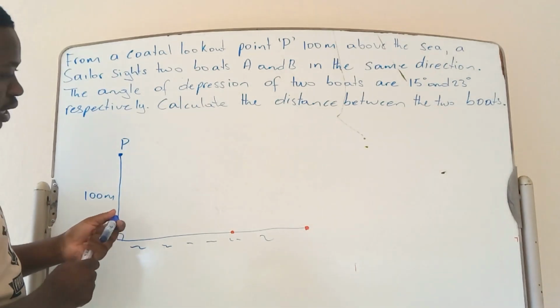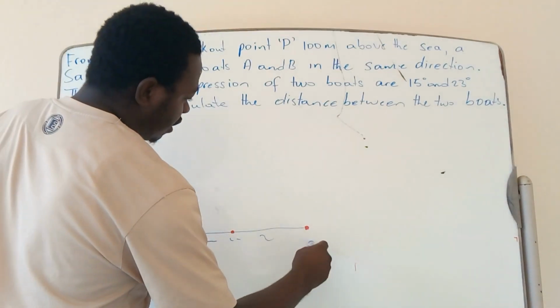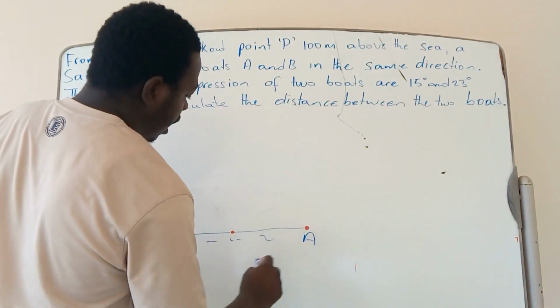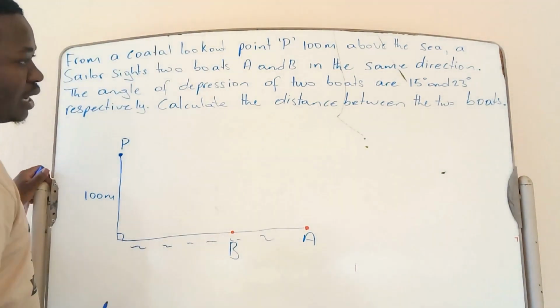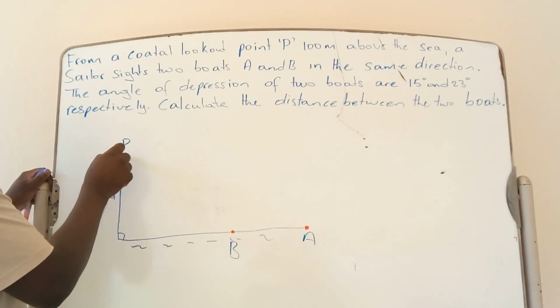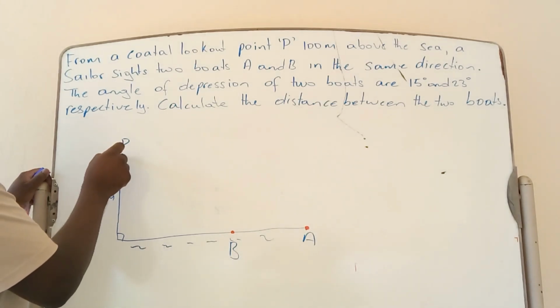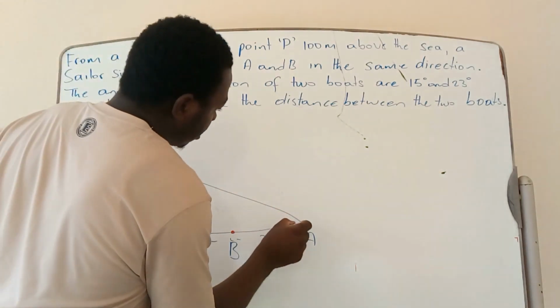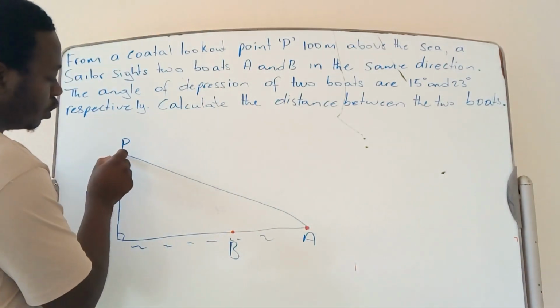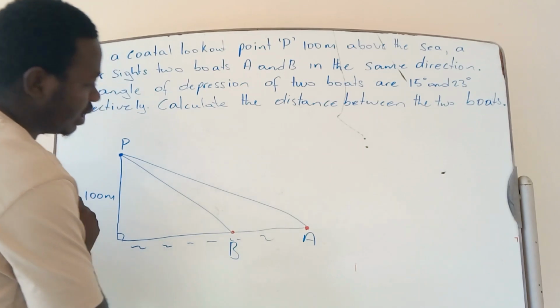So we know that point A is here and point B is here. From this point P, he sights both A and B, right?